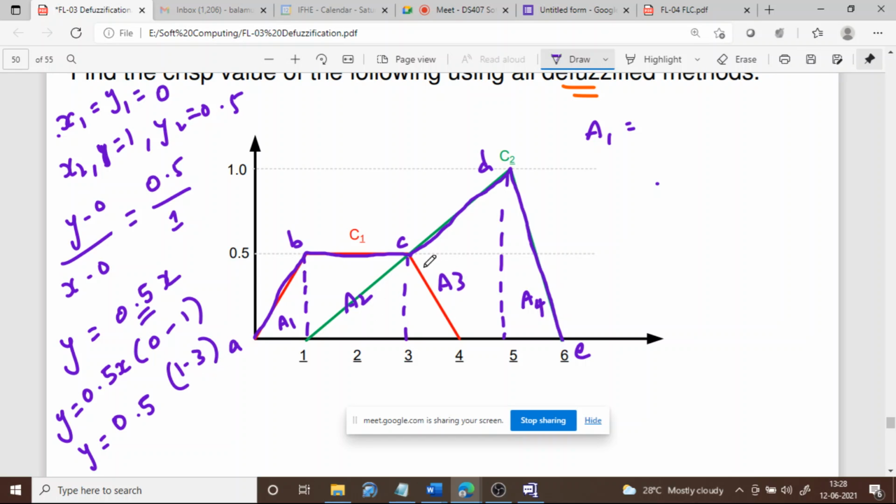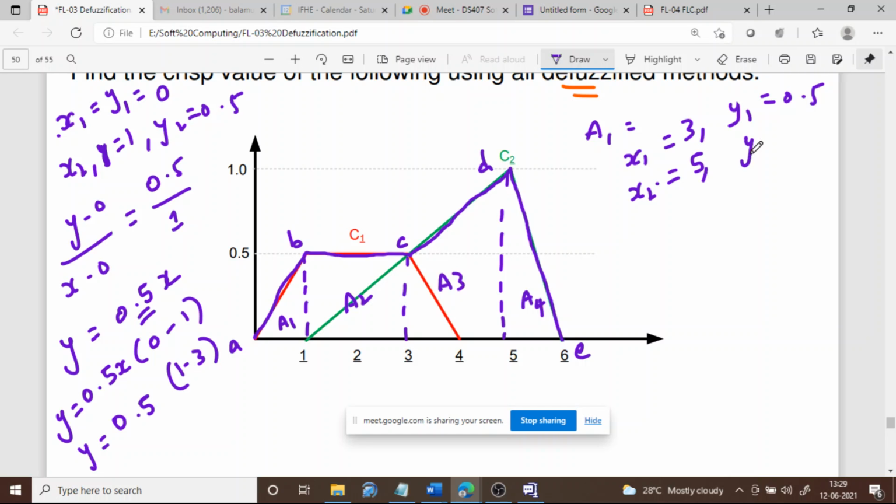Similarly, you calculate for C2D. In this case, what is x1 y1? This C point is x1 y1. It is 3 and 0.5. x1 is 3, y1 is 0.5. What is x2 y2? D is x2 y2, 5 and 1.